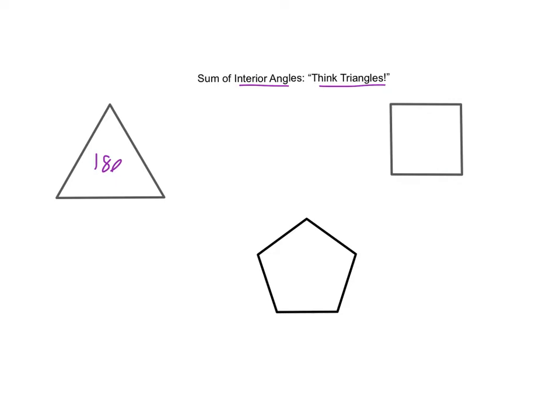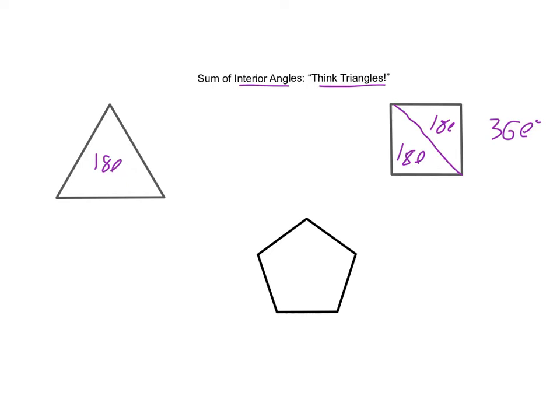But we want to think about this in terms of triangles. We can divide up a square, with a diagonal line, into two triangles. Each triangle has a 180 degree measurement. 180 plus 180 gives me 360 degrees.